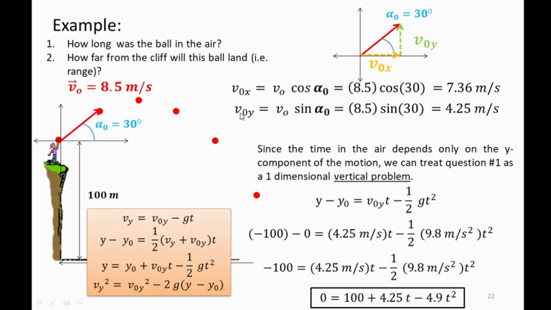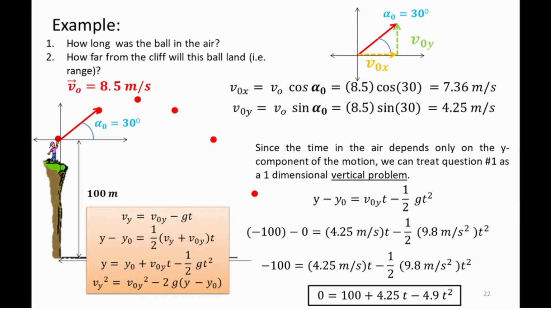For the y component, all we have to do is multiply the magnitude of the initial velocity, 8.5 meters per second, times the sine of the angle of projection, 30 degrees. So 8.5 times sine of 30 should be 4.25 meters per second. So now we have the x component and the y component of the initial velocity.